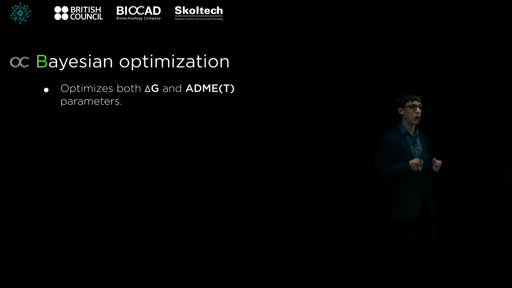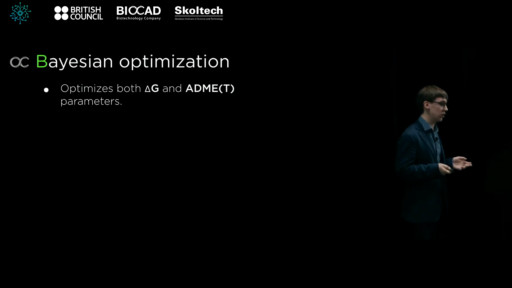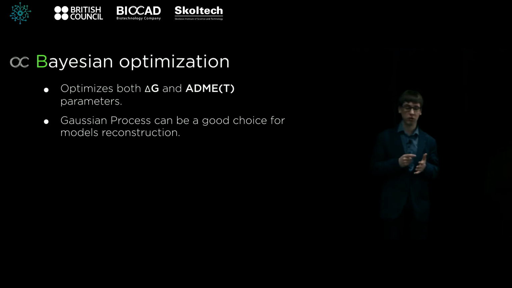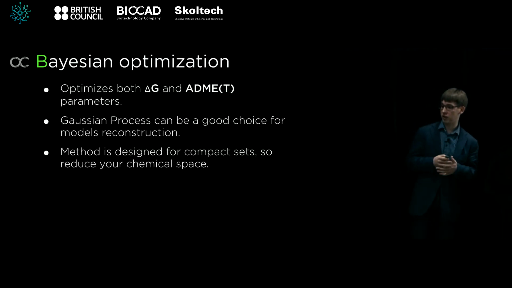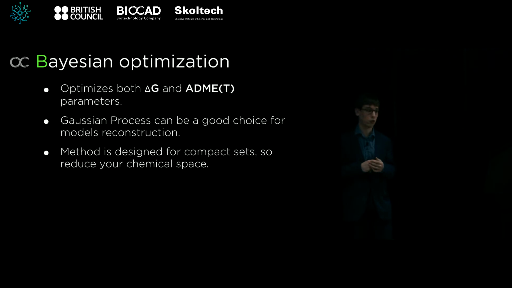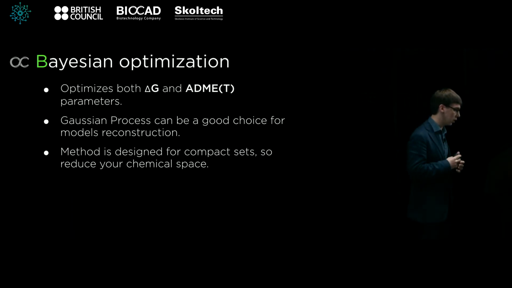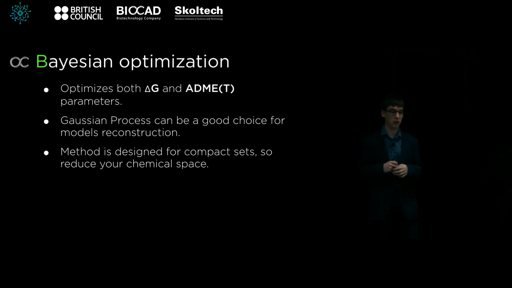We need some homogeneous function set, and there is a good one called a Gaussian process that we can use for our models. The method requires a compact set. We will face this problem a little bit later, but for us it means that we should use some finite chemical space.